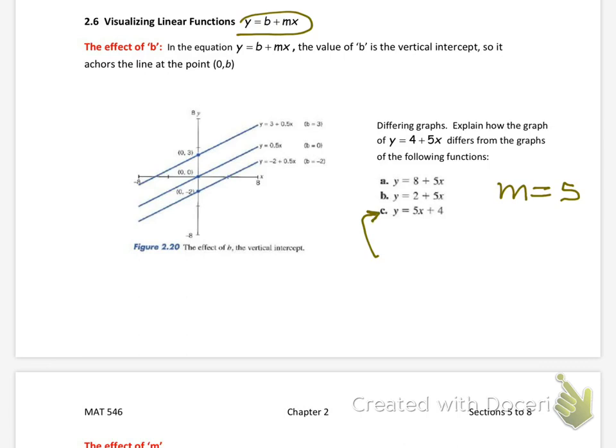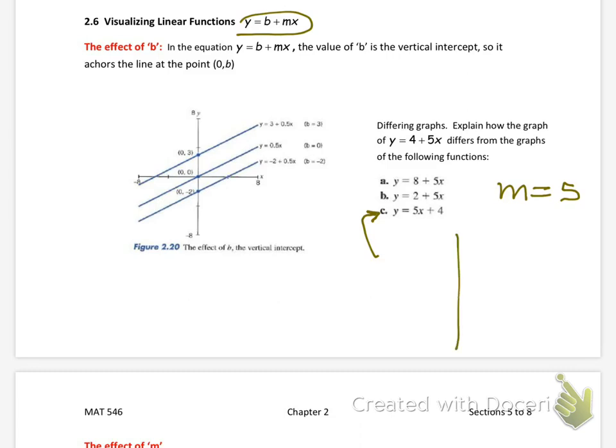They just changed the order of the components of the equation. It's the same situation with the slope of 5 as in A and B. So notice what's happening. If your y-intercept is greater, your curve will cross that y-intercept at a higher point. When it's smaller, it crosses at a lower point. So you can see that that's what you would expect here.